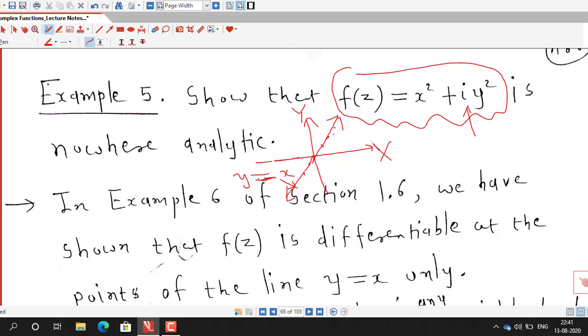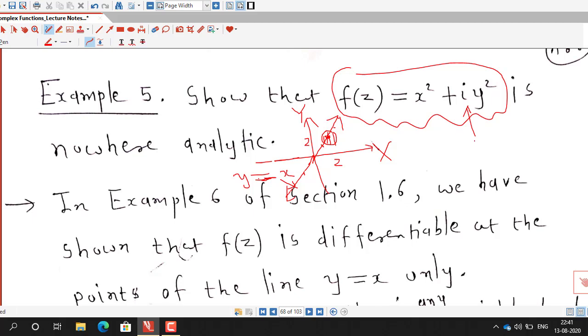Now for analyticity, suppose I want to check analyticity at this point. Suppose this point is (2, 2), or 2 plus 2i. Then the function is analytic at this point if we can find some neighborhood of this point such that the function is differentiable at every point in that neighborhood.